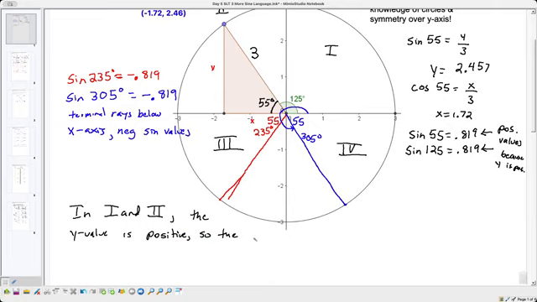So the sine of any angle with a terminal ray in quadrants 1 or 2 will be positive.